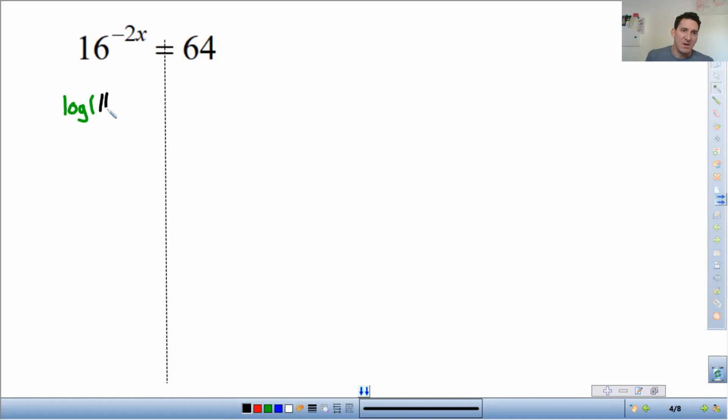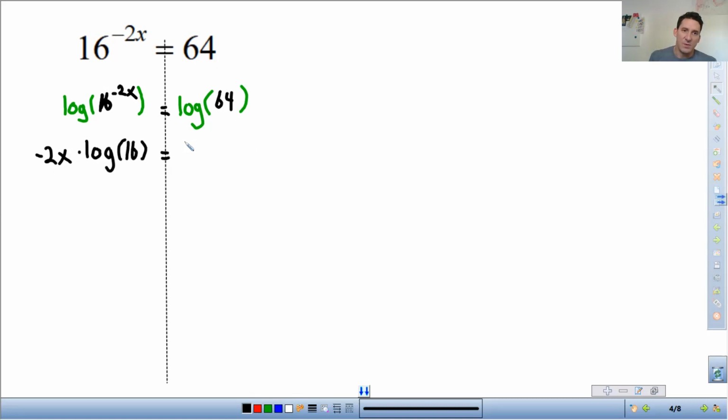So it's going to be the log of 16^(negative 2x) is equal to the log of 64. And then I can use the property of logs to move this negative 2x out front. So it'd be negative 2x times the log of 16 is equal to the log of 64.